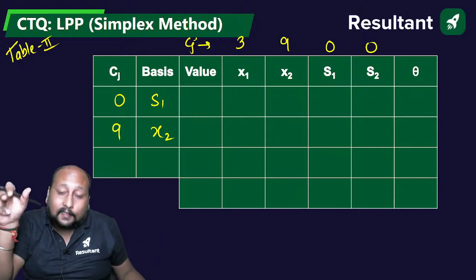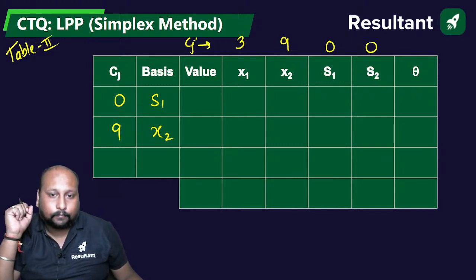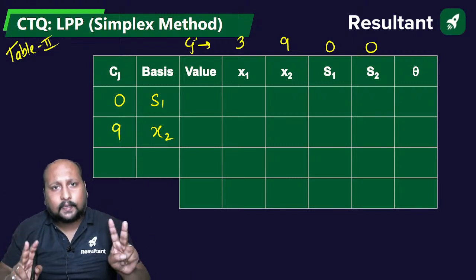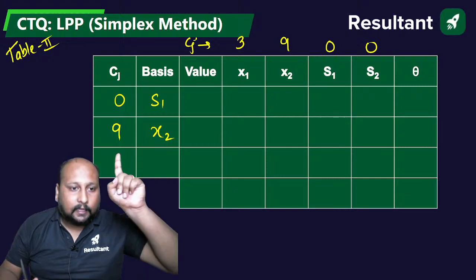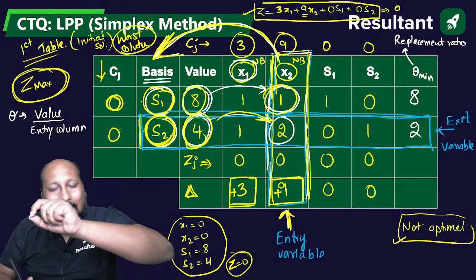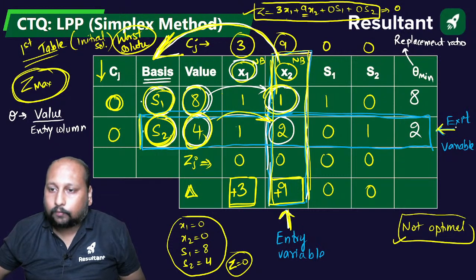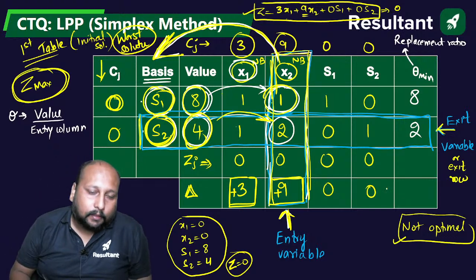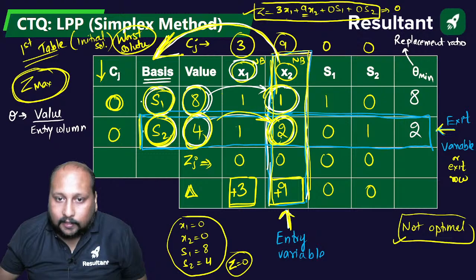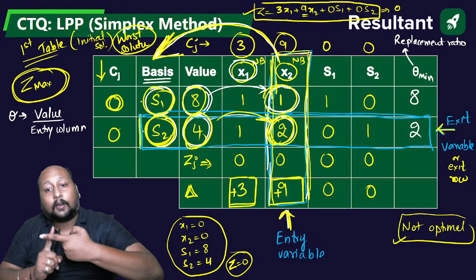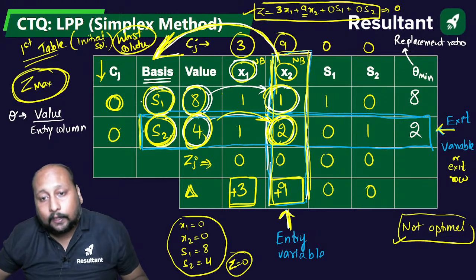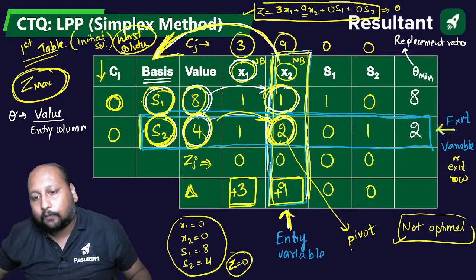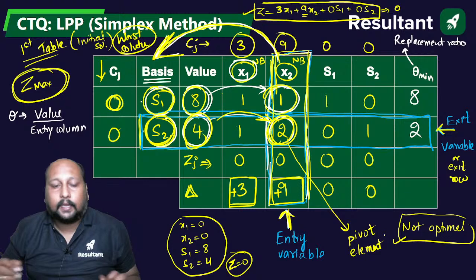Now how to fill this number of values, rows and columns, कैसे करें? There are simple techniques, very easy techniques. Two simple techniques that you have to understand, जिससे table will be filled in a very easiest way. The first technique is you have to see the exit row या exit variable, ये वाला exit row है ना, इसको हम exit row भी बोलते हैं. In the exit row, if I try to see this particular element which is the intersection of exit row and the entry column, this particular element we call it as the pivot element. इसको बोलते हैं pivot element. ठीक है?